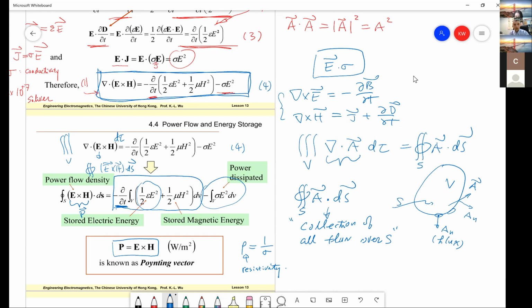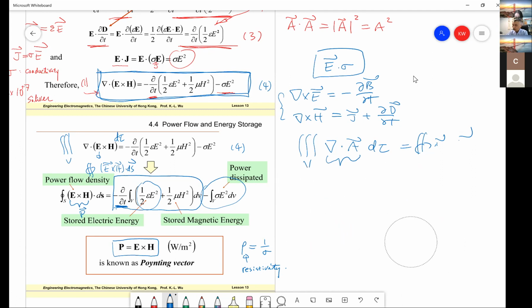So let's recall the electromagnetic field example we discussed when we talked about the wave equation. We assume, if this is X, we have an electrical field and a magnetic field, right?